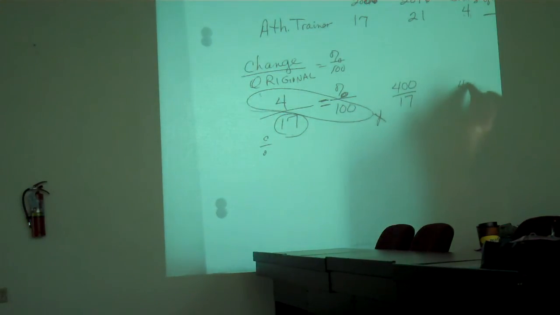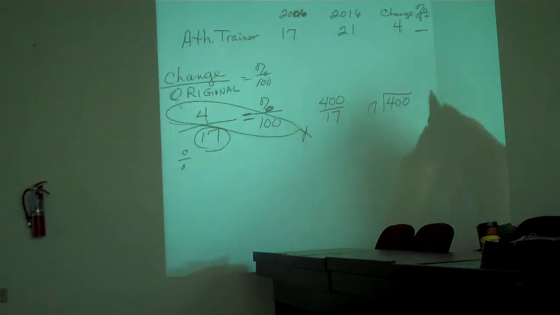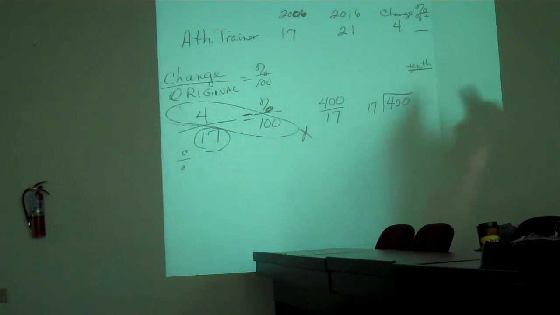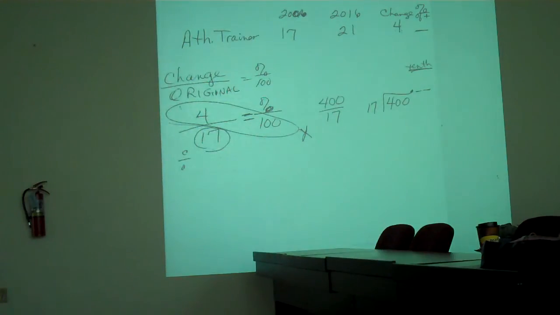So let's divide that. It's probably not going to come out exactly equal, but if it's a decimal, it wants you to take it to the nearest tenth. So take it to 2 points after the decimal if it goes, and then round it.